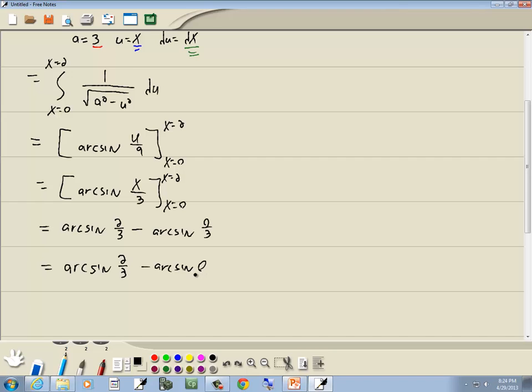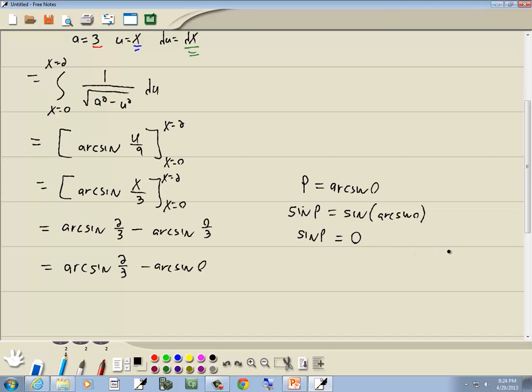Now if you remember working with these back in trig, if we set that equal to a variable like p, we got p is equal to arcsine of 0. If we go ahead and take sine of both sides, so we got sine p is equal to sine of arcsine of 0, we end up with sine of p is equal to, sine and arcsine cancel, 0.